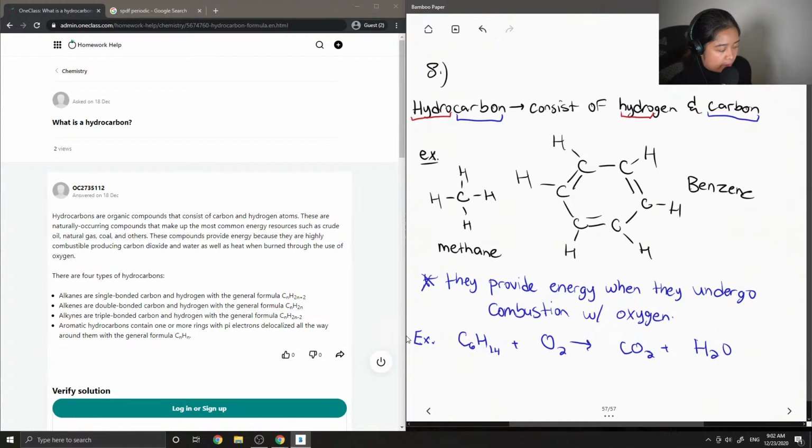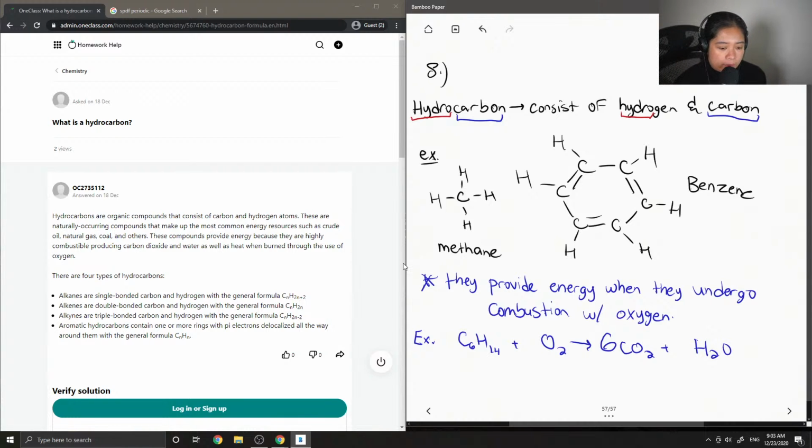Okay, so now to balance this reaction, I'll balance my carbons first. So there are 6 carbons on our reactant side. I'll put 6 in front of CO2 to balance out the carbons. And then next, I'll balance out my hydrogens.